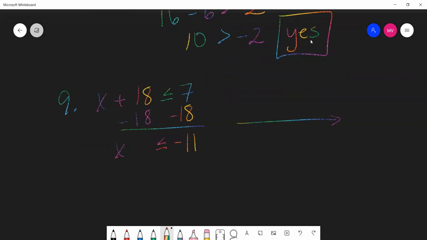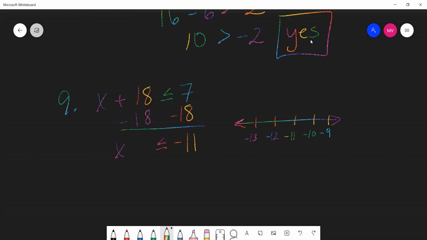So let's graph it. Keep it simple. Okay, start at -11. Somewhere in the middle, right? Count it, by 2s.